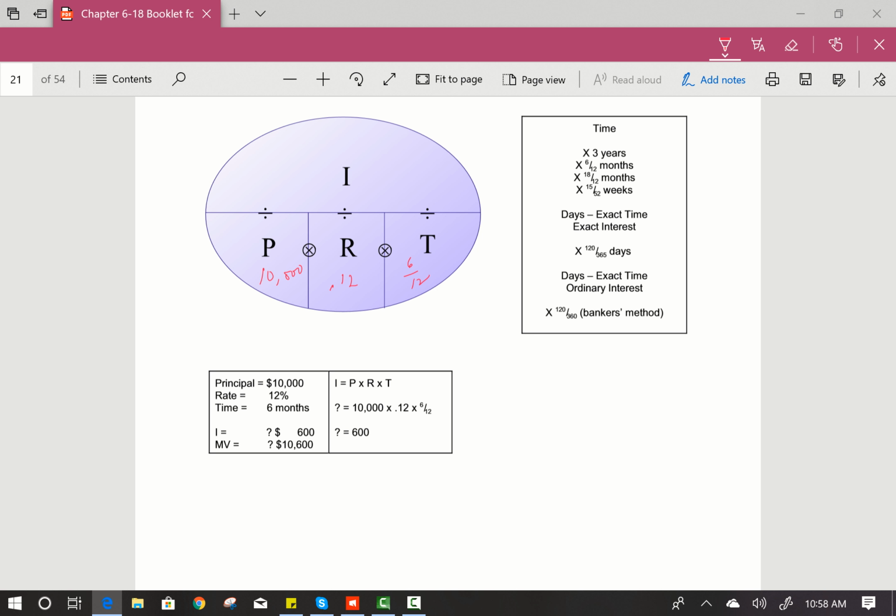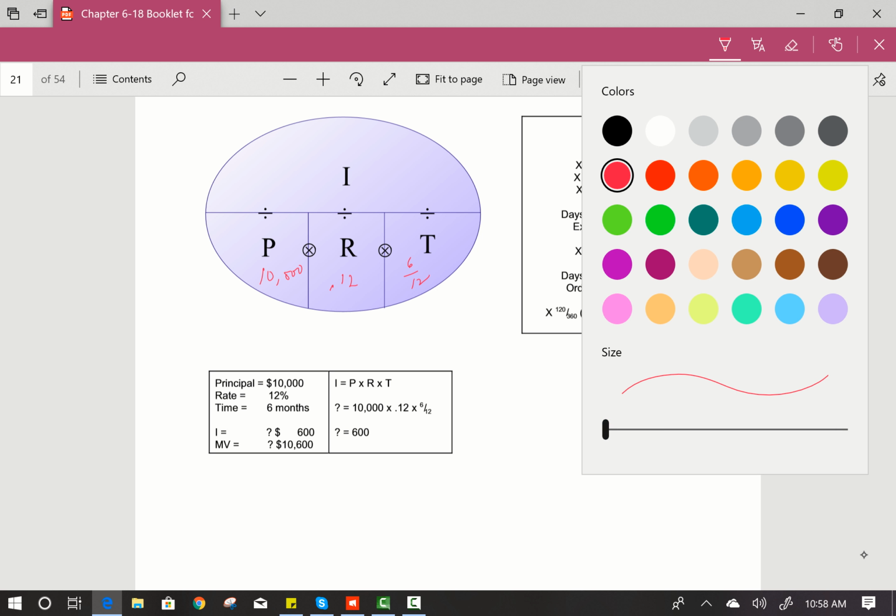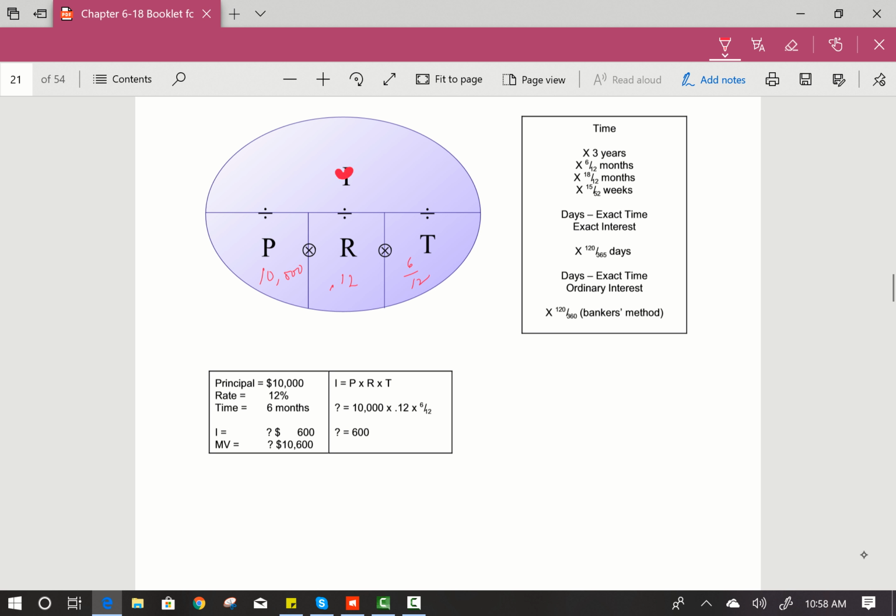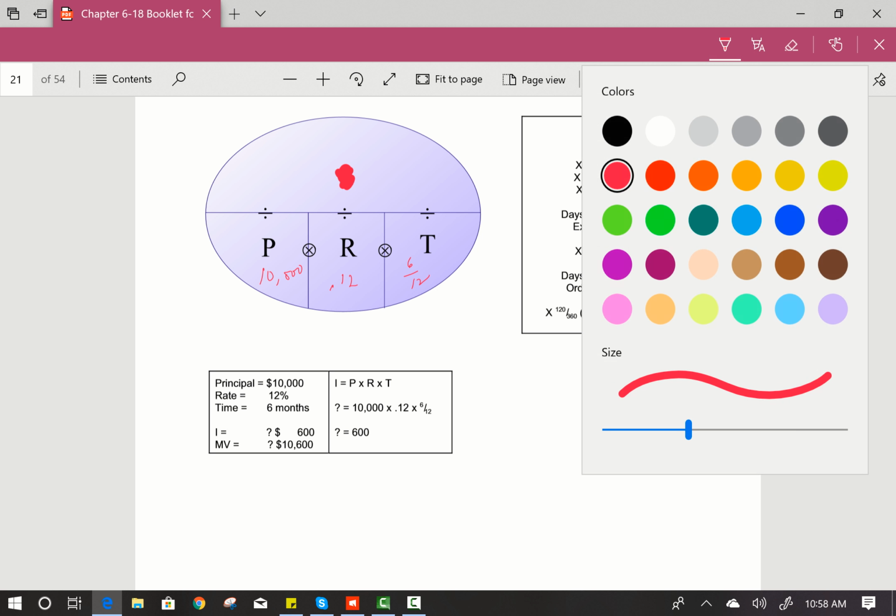So I'm going to cover up the interest as if it doesn't exist. Okay, so I'm covering up the interest. So therefore, interest is equal to principal times the rate times the time.